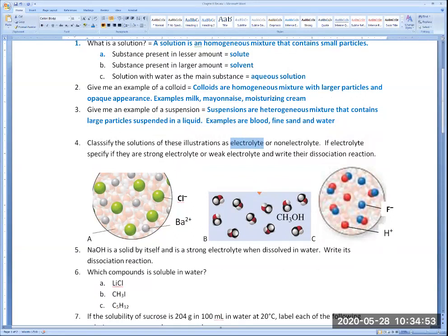Typically, if you have ions in a solution, they are free to move because they are in solution, and they are surrounded by molecules of water typically, if the solvent is water. And so they can move.